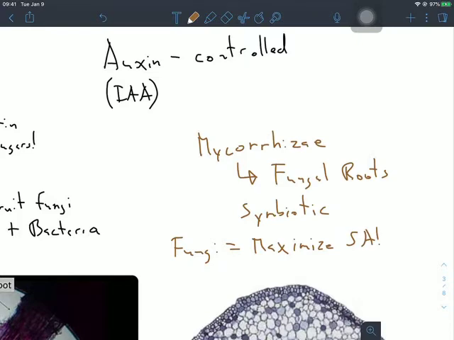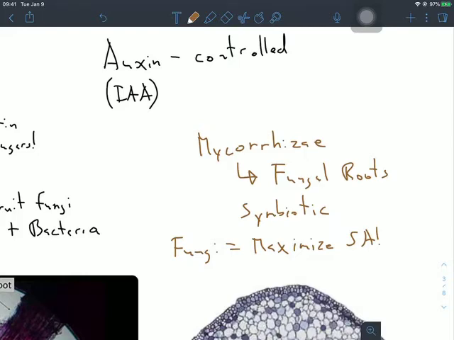They're really good at digging their way through dirt and finding minerals and finding water. But they're really bad at producing sugars. They're not photosynthetic. Fungi are more closely related to animals than they are plants. That's truth. They are not photosynthetic, and therefore they need to find a way to get their sugar.